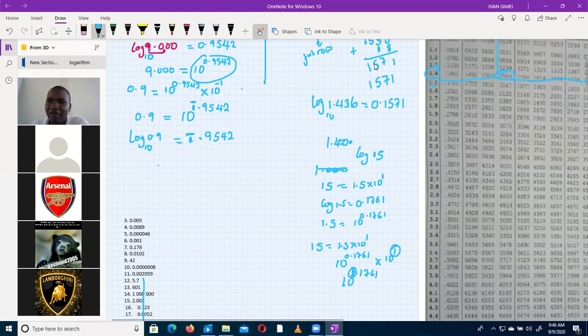Because later on you're going to have other manipulations, adding, subtracting, dividing. So if you combine them, it becomes a bit confusing in logarithms. So what we do is we leave it as bar 1 point. I just bring the other one. You notice that this is -1. This -1. So I simply say bar 1, then bring these other digits.